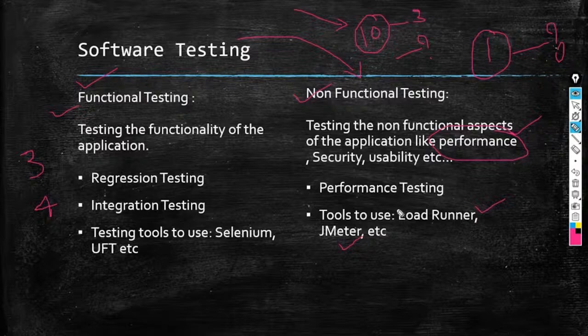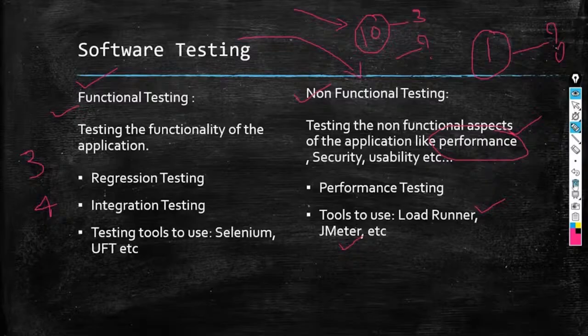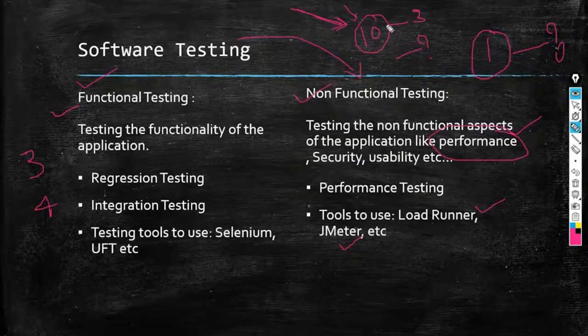So I hope everyone understood the primary difference between functional testing and non-functional testing, and in non-functional testing we are focusing primarily on the performance aspect. When I told you just now that 10 people are on board, inside the lift at full capacity, and all of them press 3 or one of them presses 3 and all have to go to the third floor, how much time is it taking to go to the third floor with full capacity?